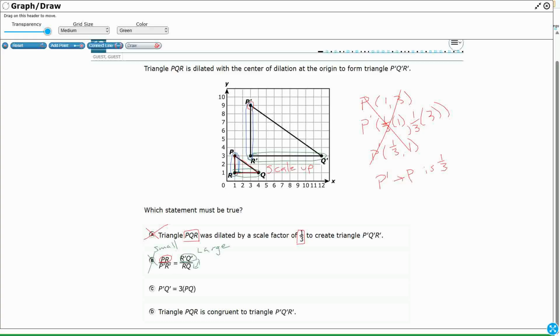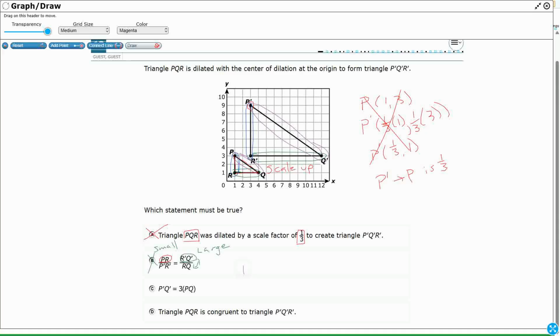All right, so P prime, Q prime, which is, let's just make it magenta here, is 3 of this. But we don't know what that length is because we'd have to use the Pythagorean theorem. But we do know that the scale factor does seem like it's 3, right?